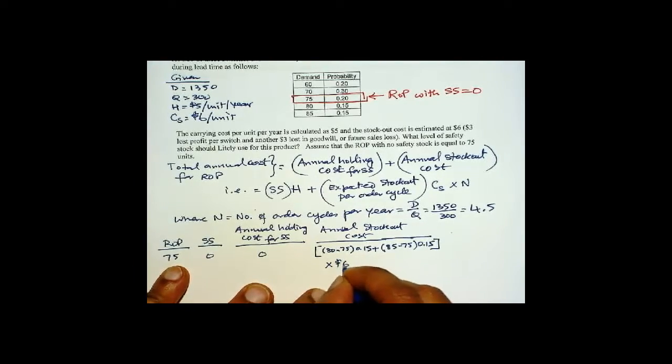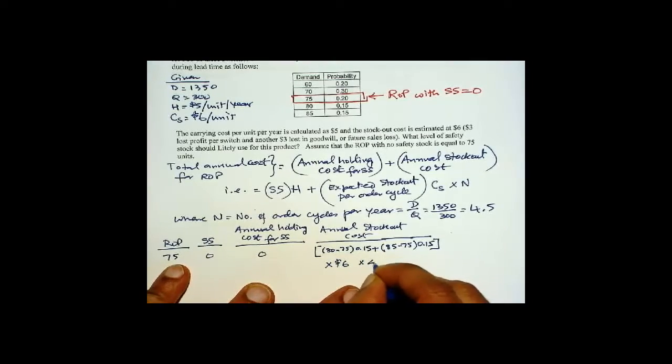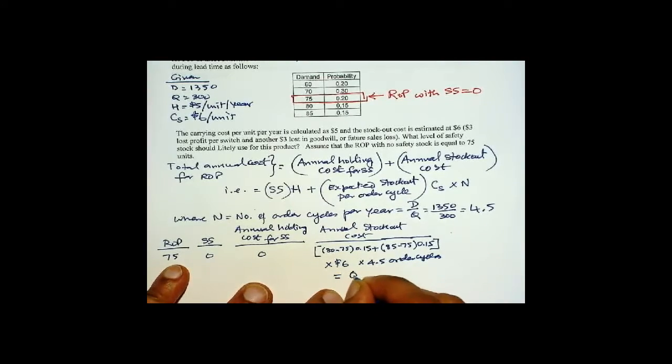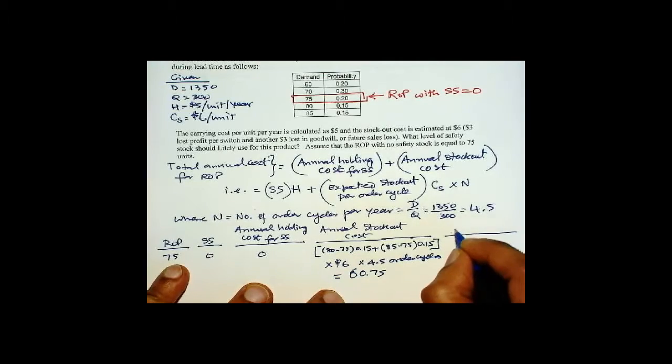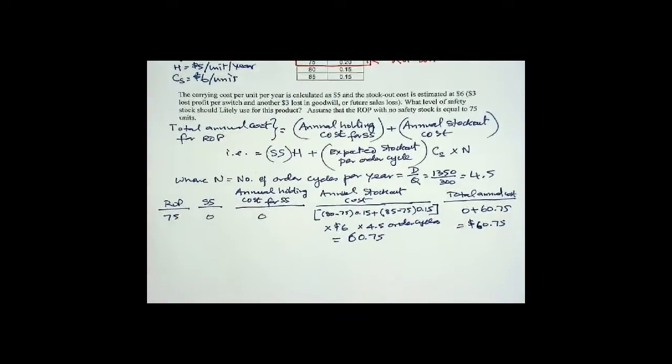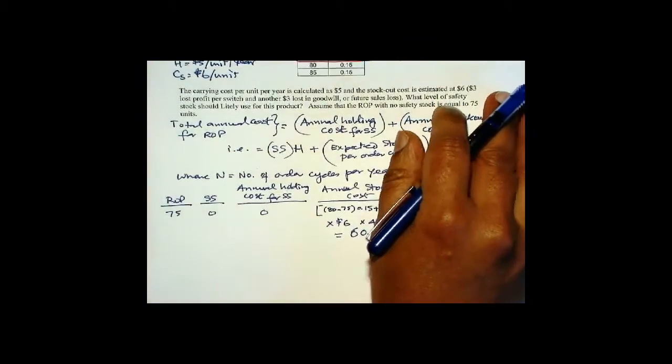Times $6 times 4.5 order cycles, that is equal to 60.75. So total annual cost will be 0 plus 60.75, which is 60.75.